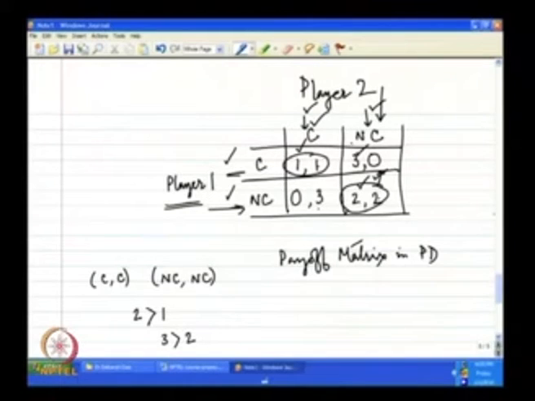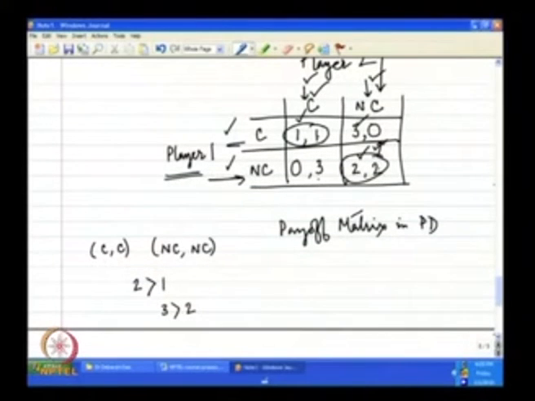So, this is the whole idea of prisoner's dilemma, and this is known as free riding.